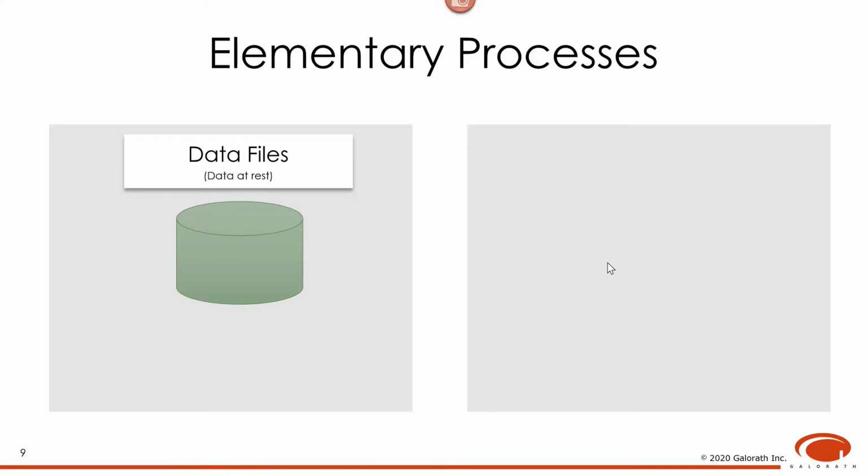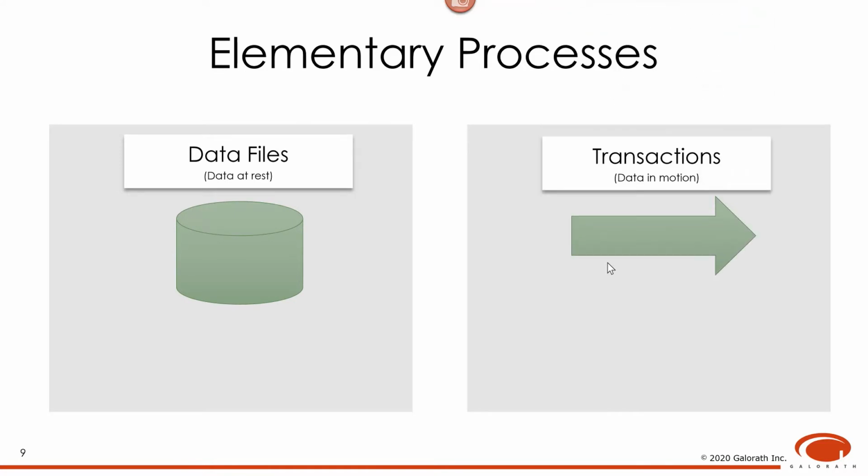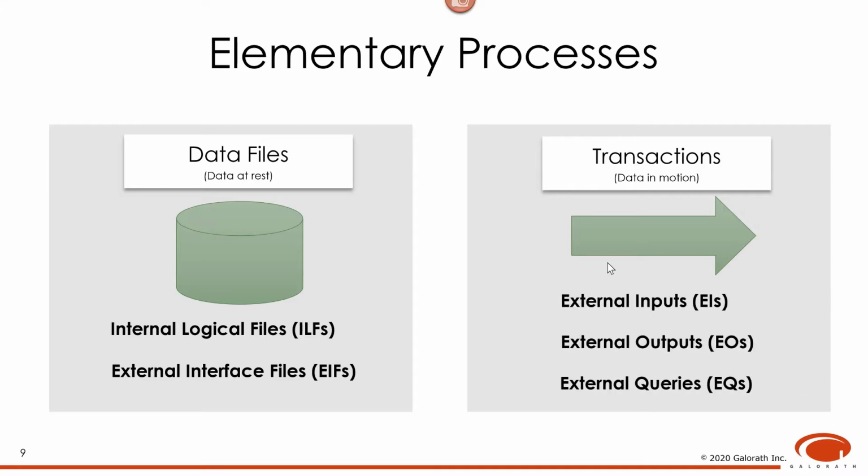We have data files, which are essentially the data at rest. And then we have transactions, or data in motion. Underneath data files, we can have internal logical files, or ILFs, and external interface files, or EIFs. Underneath transactions, we have external inputs, or EIs, external outputs, or EOs, and external queries, or EQs.